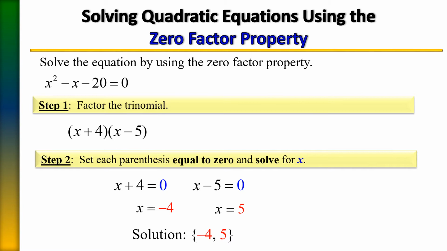What numbers would cause it to equal 0? With those solutions, what we're saying is that the numbers -4 and 5 are the numbers that would zero this equation out. There are no other numbers in the world that will zero this equation out other than those two numbers, and those are our two solutions.